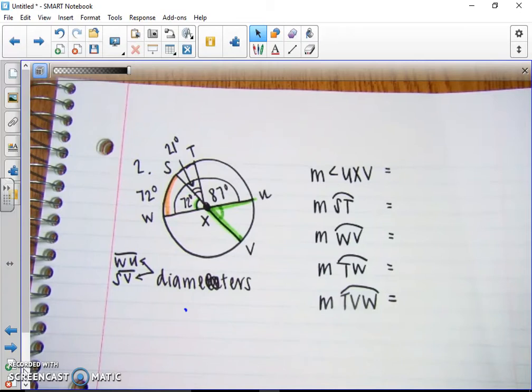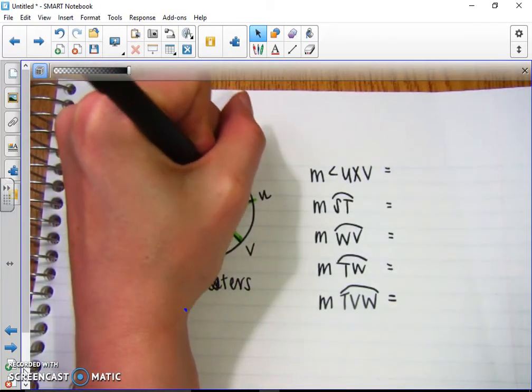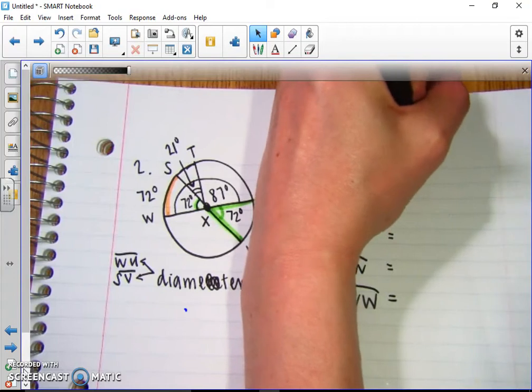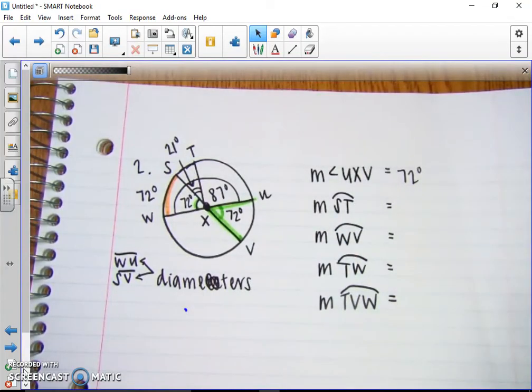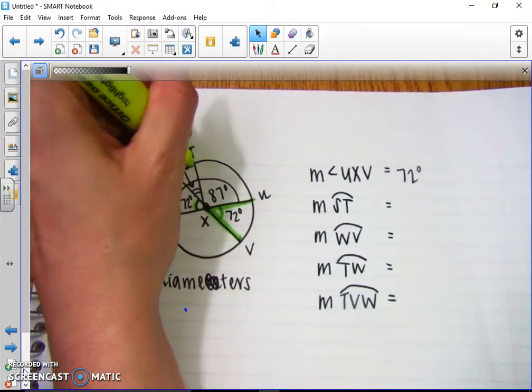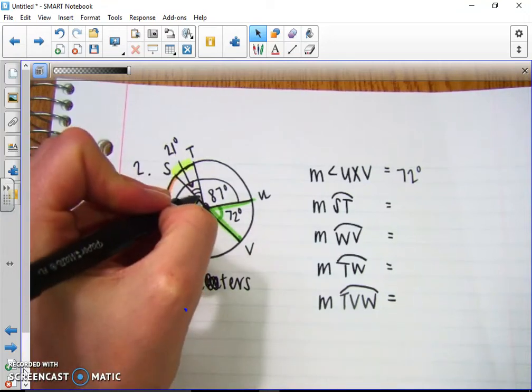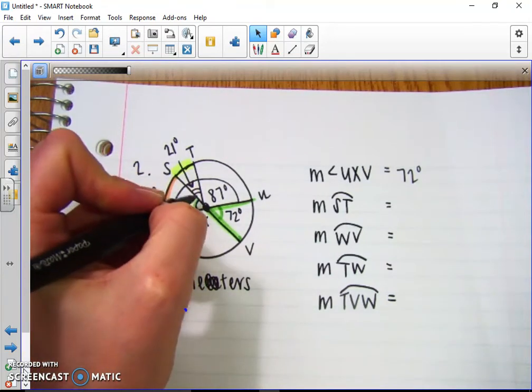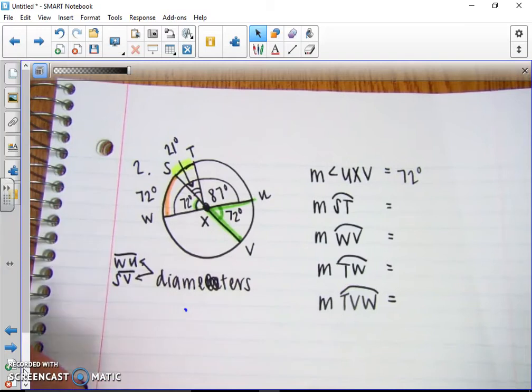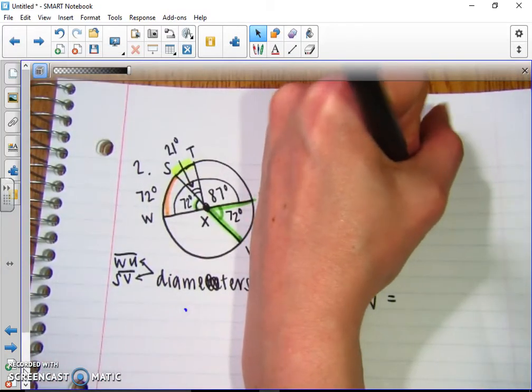So that means it's going to be congruent to that. So that's going to be 72 degrees. Next, we're looking for the measure of arc ST. Measure of arc ST. Well, the measure of the inscribed angle there, SXT, is 21. So that means that the measure of the arc is 21 degrees.